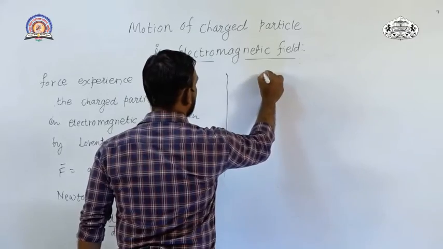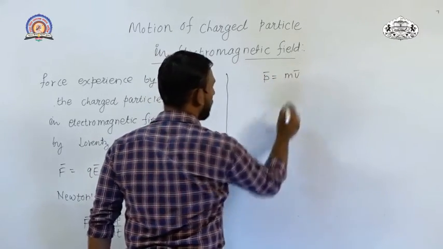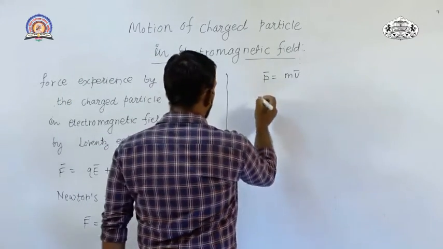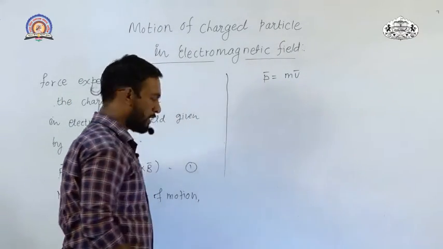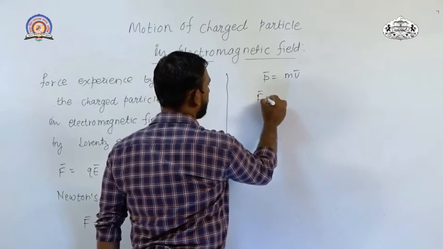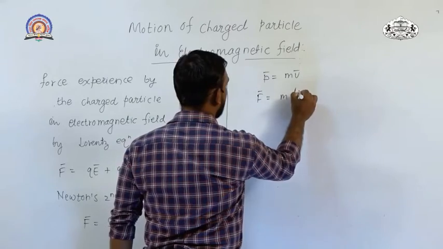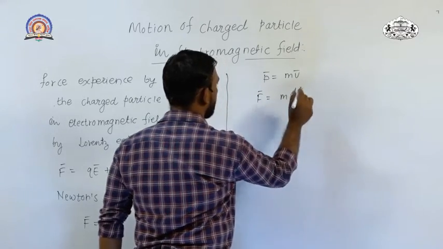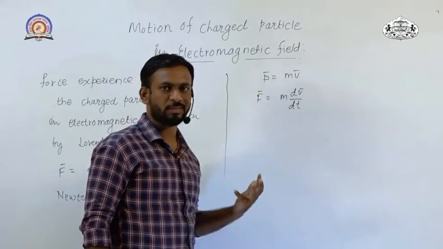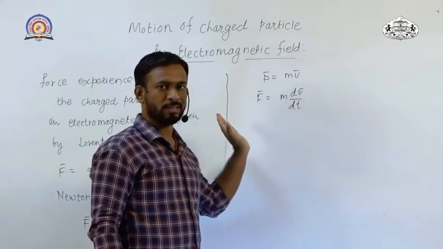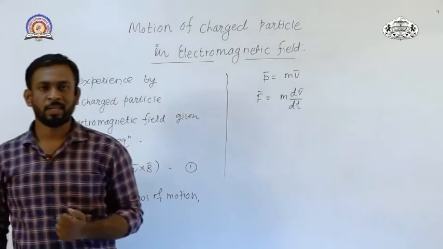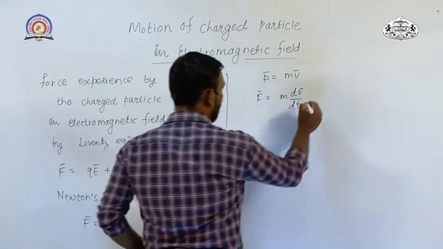P can be represented as m times v, where m is the mass of the charged particle and v is the velocity. Putting this value of momentum in the force equation, we get F = m dv/dt. The mass is not changing with respect to time, so I keep it outside the derivative. The changing term is the velocity, which changes with respect to time. This is equation number 2.